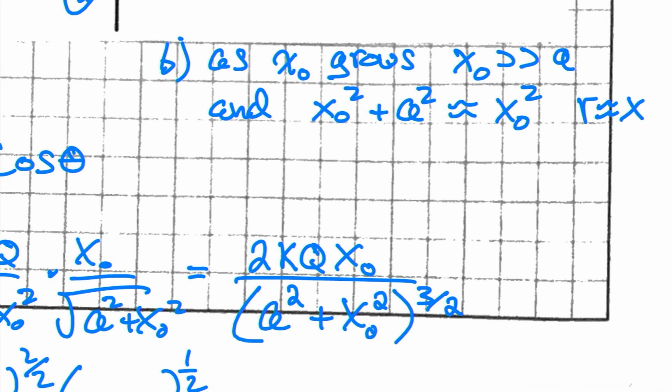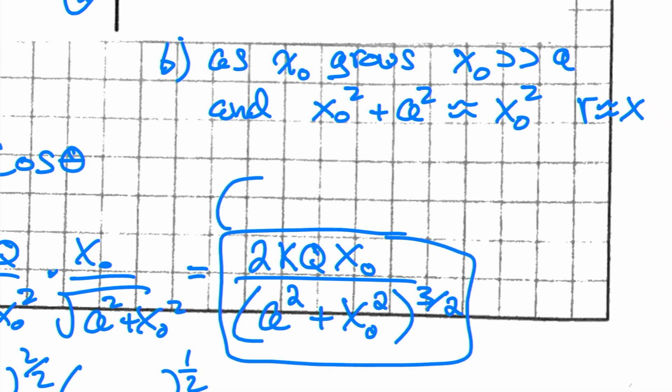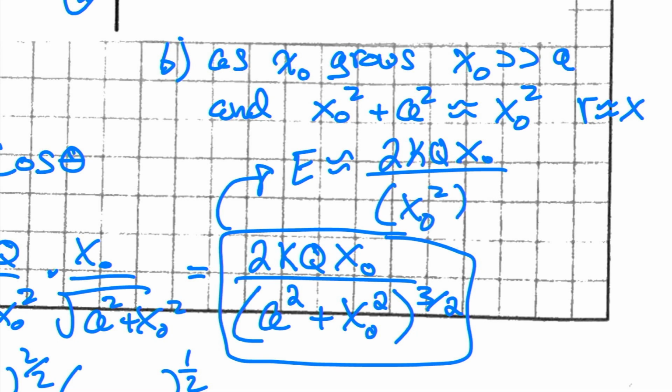So that's the answer for part 1, but then we can say here E becomes approximately, and on the top of this, we're going to have 2kqx, and on the bottom of this, we'll have x naught squared to the 3/2 power, and that basically becomes 2kq over x naught squared.